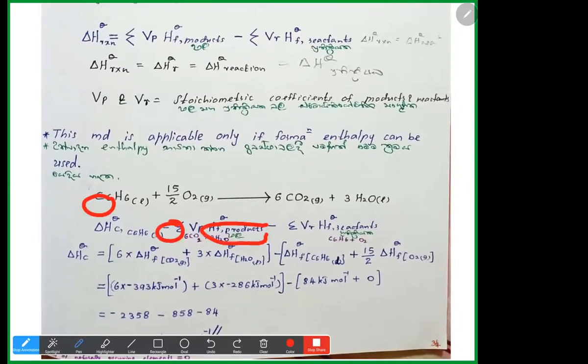Remember, usually the first part goes only with formation enthalpies, but once we are done with dissociation enthalpies, either formation or dissociation, and also for entropy and Gibbs free energy, we can use this state function method. For other enthalpies, you cannot use it.